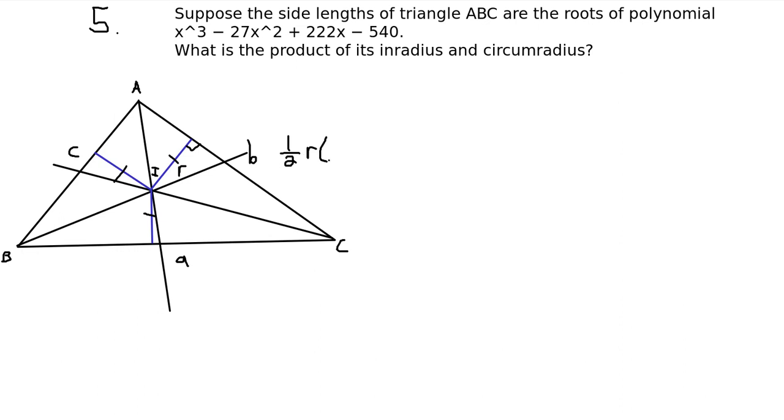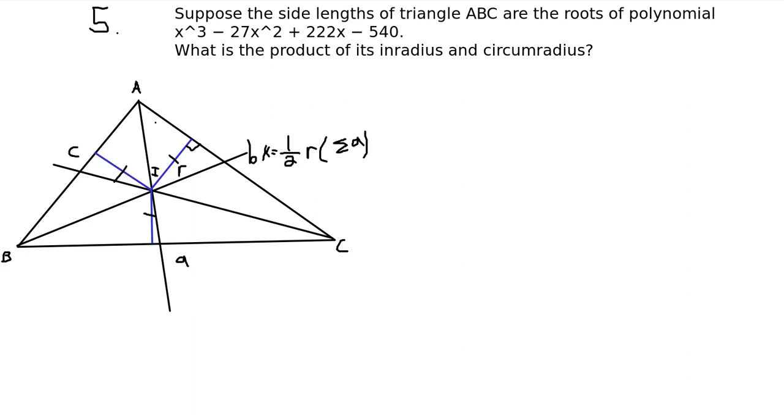If we add all of those up, we get that the area of the triangle, which I shouldn't denote by capital A, but I'll denote by capital K, is just 1/2 r times the sum of a, b, and c, which I'll write as the sum of a, just to denote the sum of the single variables. So this is one formula for the area of a triangle.